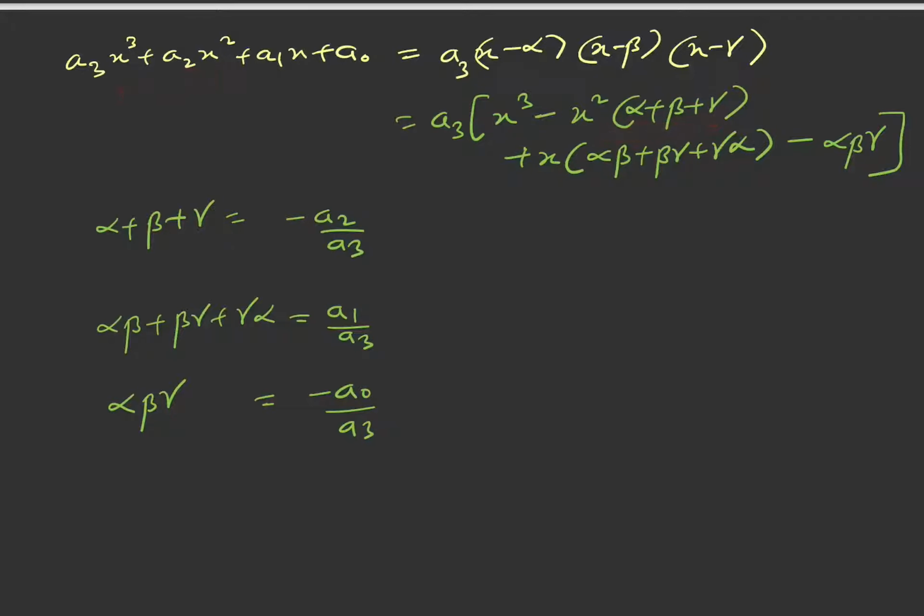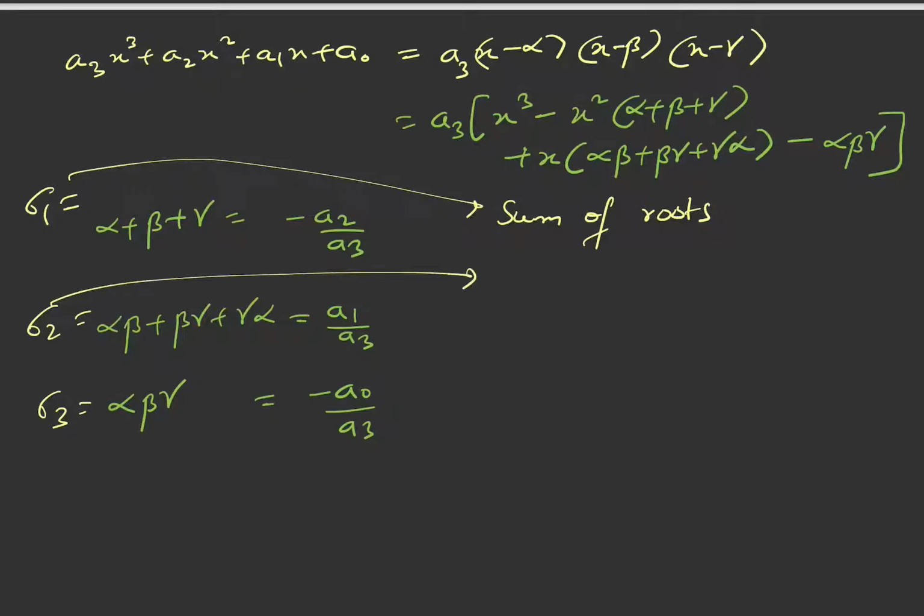You can just take a3 common on this side and compare the coefficients, and finally you will get these relations. These are generally denoted by sigma 1, sigma 2 and sigma 3. What is sigma 1? Sigma 1 means the sum of roots. Sigma 2 means the sum of the products of roots taken 2 at a time.